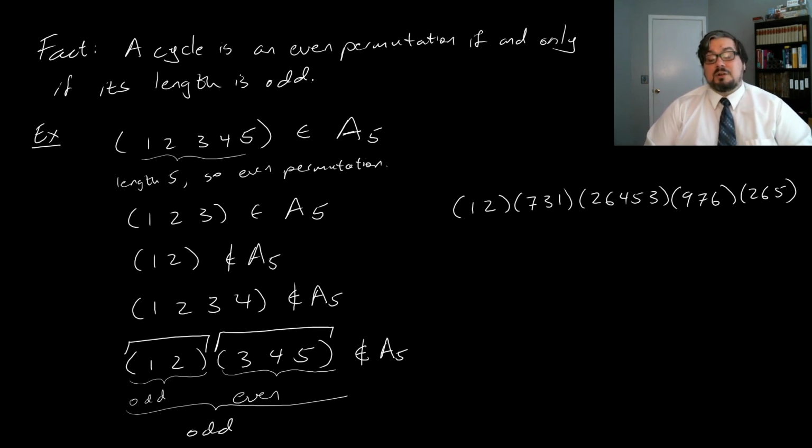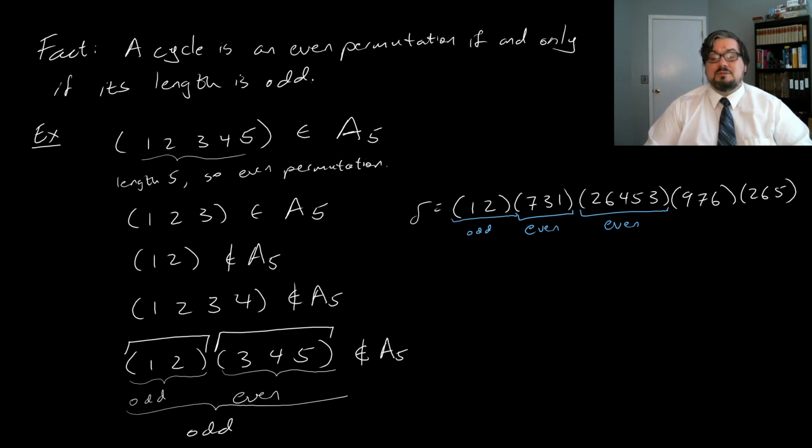Now, this, of course, is not a disjoint cycle decomposition, but it is still a cycle decomposition, and we can identify for each one of these whether the cycle is odd or even. The first one is odd because it has length 2.